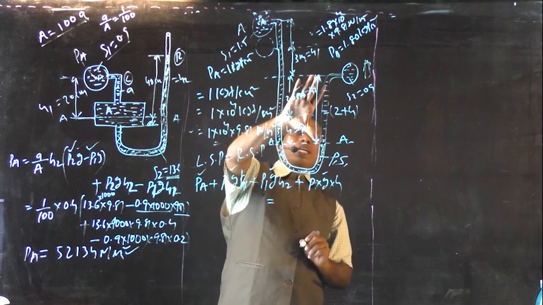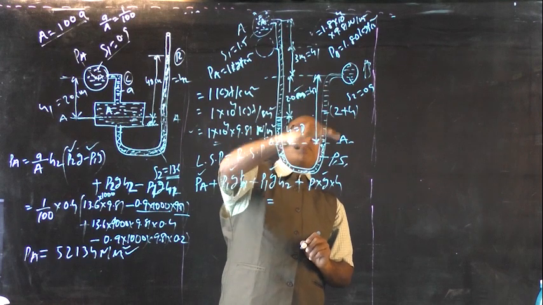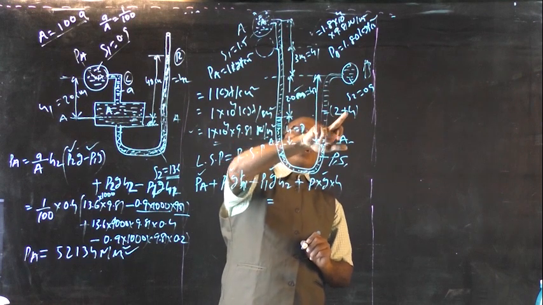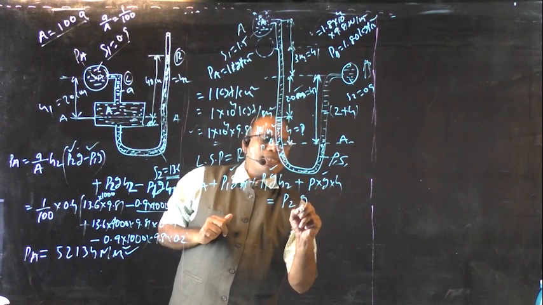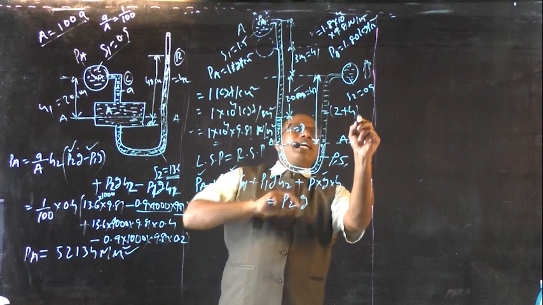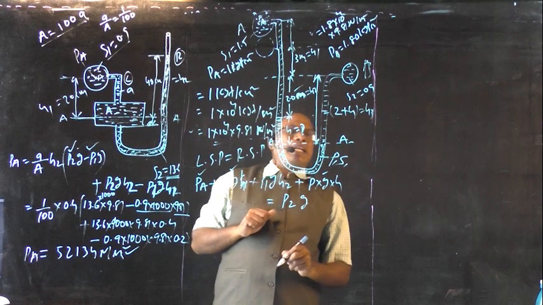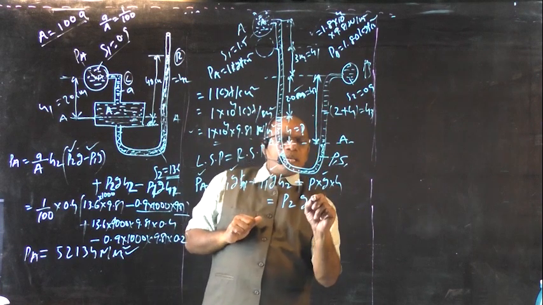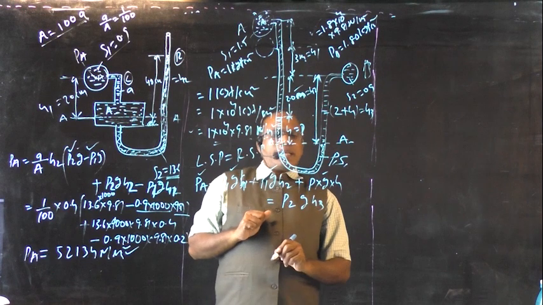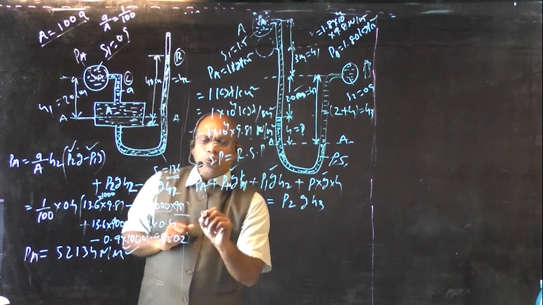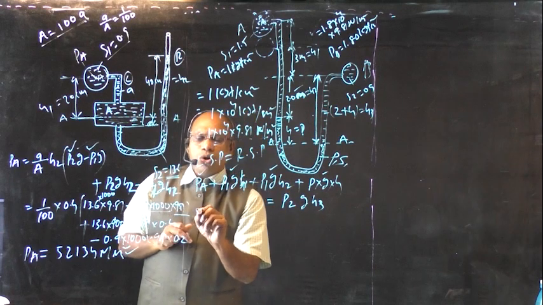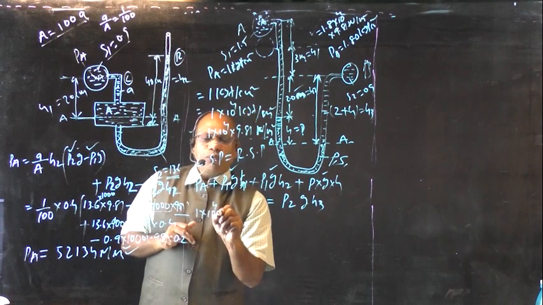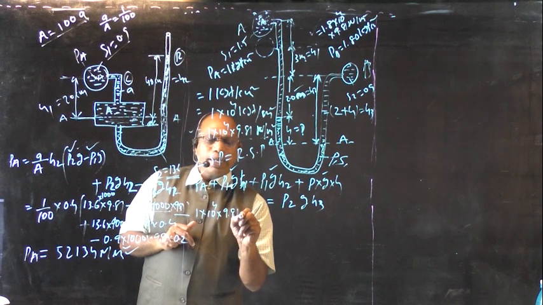We have only one liquid column here in the right limb above the datum AA, that is equal to 2 plus H, that is equal to rho 2 g. This is nothing but H3. Rho 2 g H3. Right? Now PA, already we know the value of PA, that is equal to 1 into 10 power 4 into 9.81.